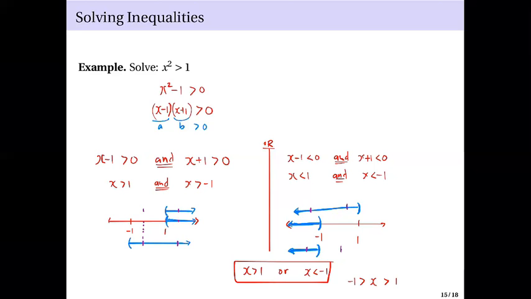But notice, what is this? This means -1 is greater than +1. So this guy here does not make sense, correct? Your -1 is greater than +1. So some students do this, and this is not correct.